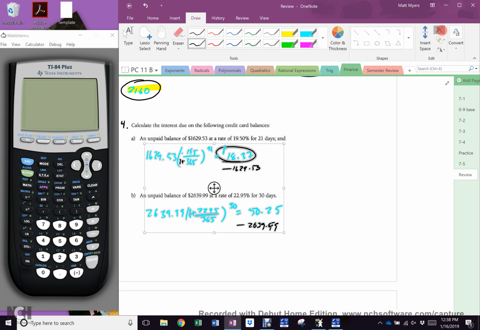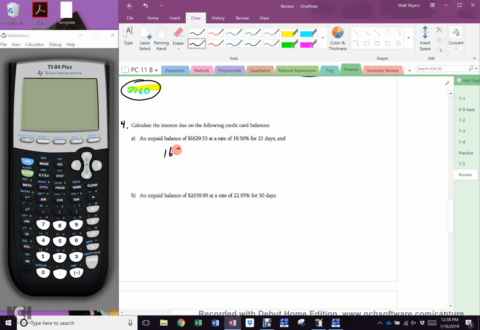Let me delete all that. So you're happy to there, right? Okay. This is the daily interest rate. Yeah? So I must pay it for 21 days because I'm not looking at it for the course of the whole year. Okay?